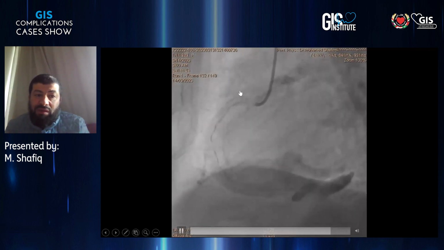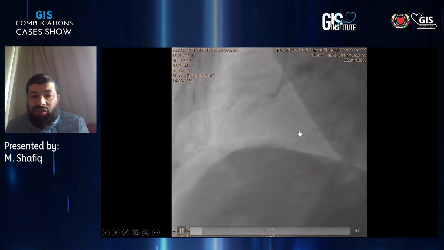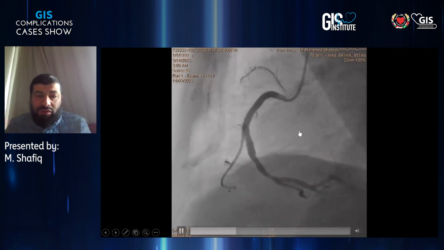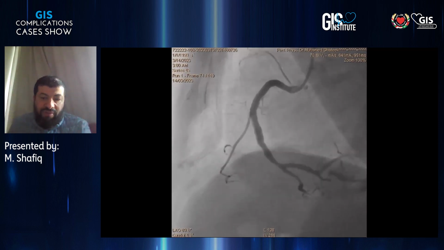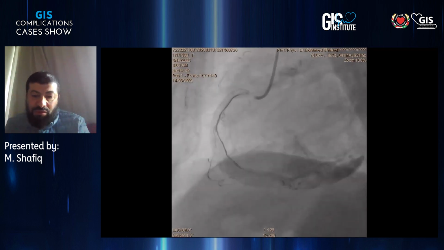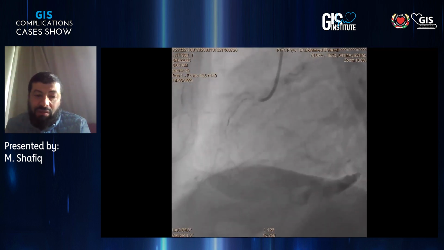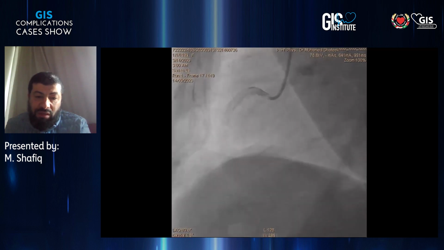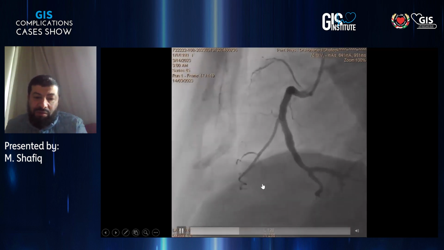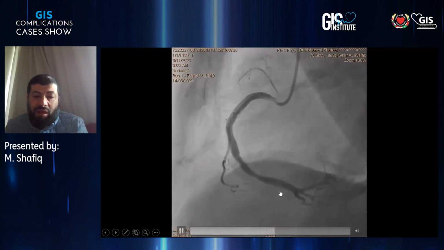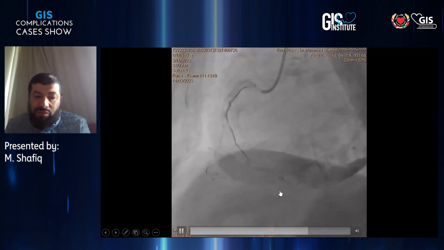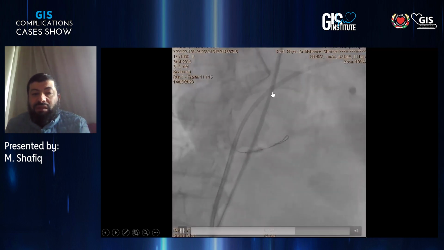At this moment, after 5 minutes of deflation the second time, you can notice that we had more than 40 or 45 minutes from the beginning. There's no effusion. But now we had tamponade; you can notice the contrast in the pericardium here, collecting. After some minutes, we had tamponade suddenly by echo.